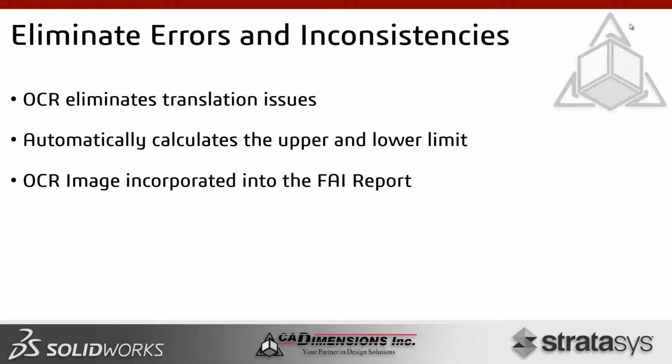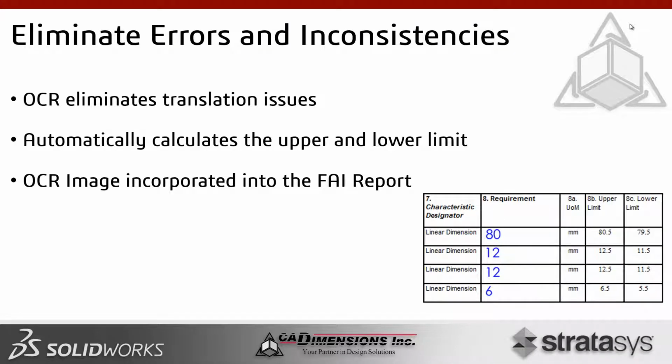So if the picture says 20 and the report says 29 or something like that, it's a quick, easy way to say, on the drawing it said 20, so we need to go back and adjust this. All right, so you can see I've got the picture, and where it says requirement, anything that's blue is your image. And this essentially eliminates fat finger issues because it does everything in the background for us.